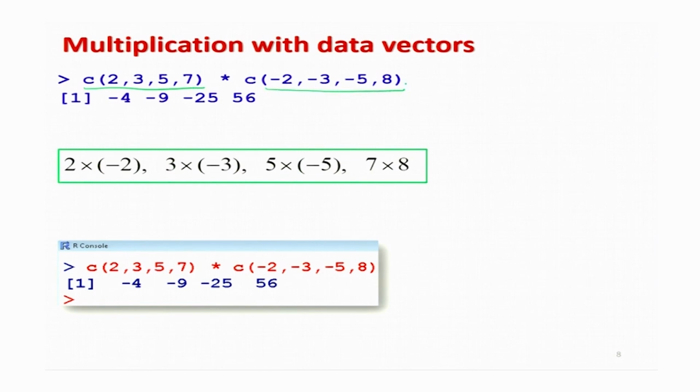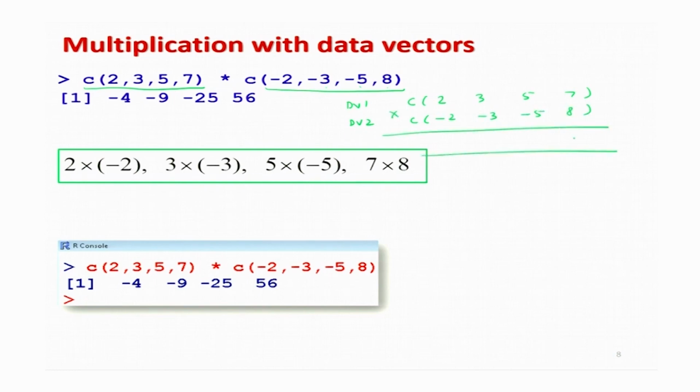The first data vector has 4 values 2, 3, 5 and 7, and the second data vector has these values -2, -3, -5 and 8. So, now the same thing will happen. If I write c(2, 3, 5, 7) for the data vector 1, and for the data vector 2 the values -2, -3, -5 and 8, then it is multiplication.